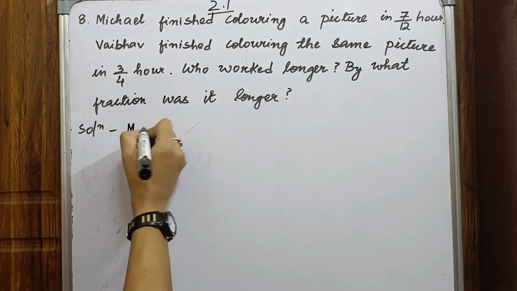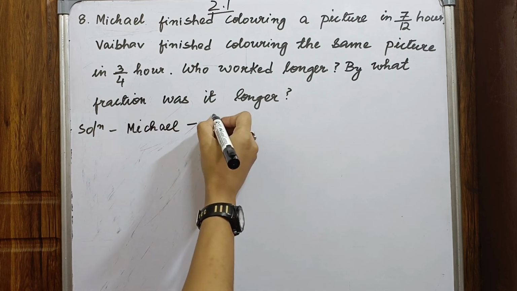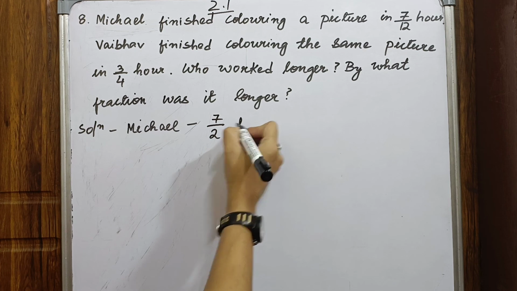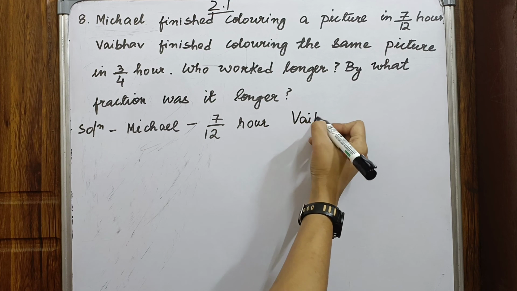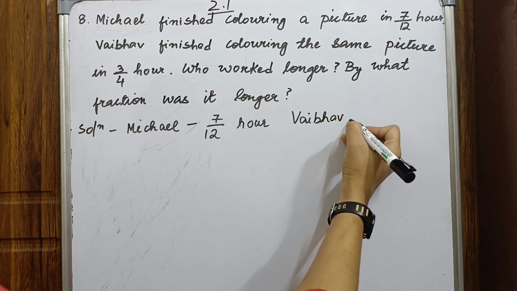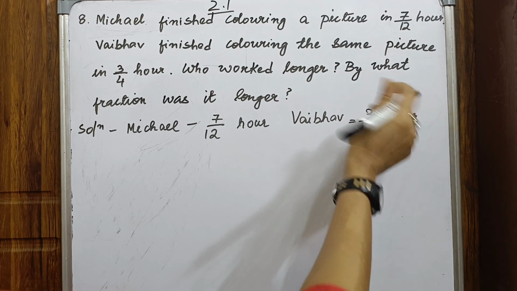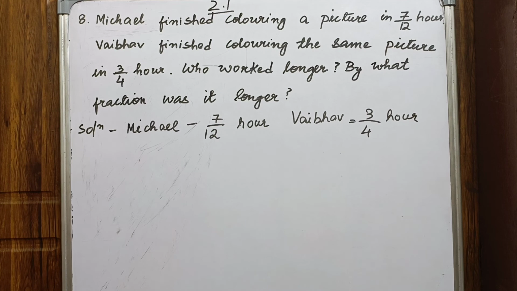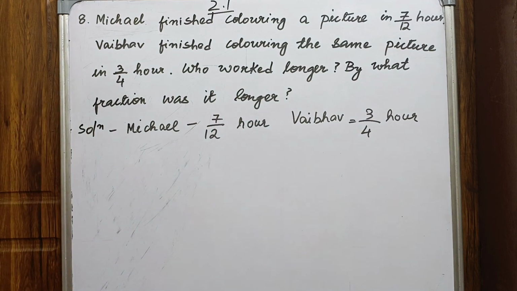Michael took 7 by 12 hour, and Vaibhav 3 by 4 hour. If both were calculated out of 12 hours, we could directly write the answer by looking at the numerator. Now the denominator is not the same, so we have to find who worked longer, solving like the previous one.